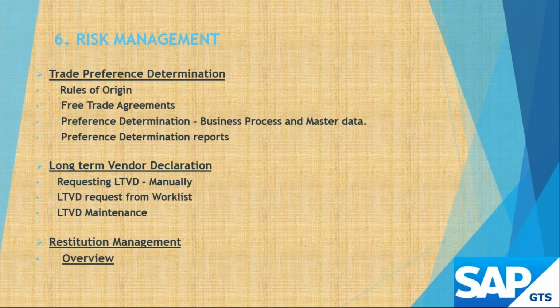There is no product independently created by one country. It takes some raw materials from other countries, and based on that it creates or manufactures its own product. So most of the trade happening right now is across borders. That is why GTS is very much seen in organizations right now.